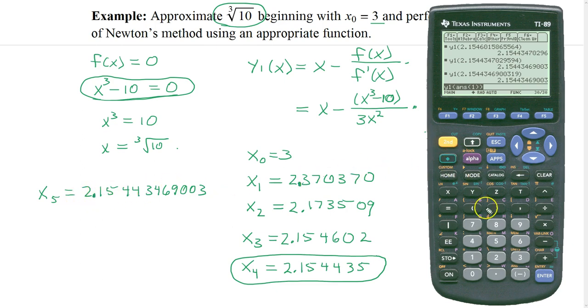And let's just evaluate on our calculator the cube root of 10 and verify that we get this number back. So if we evaluate 10, now to do the cube root, you need to raise 10 to the 1/3 power, 1 divided by 3, just like this.